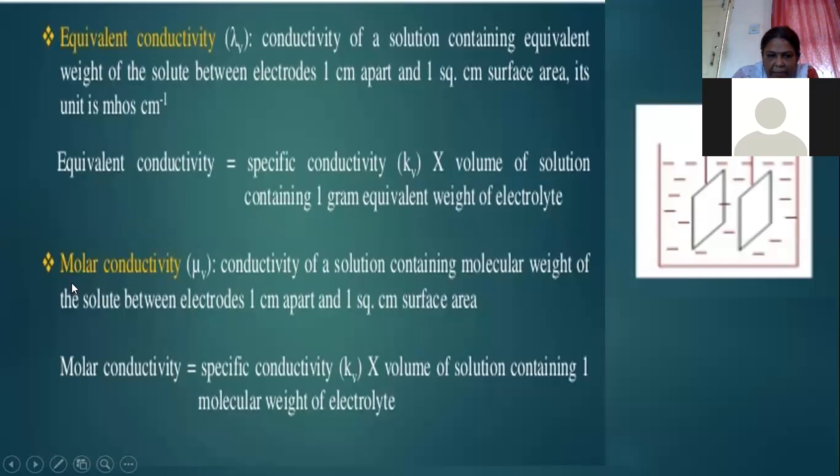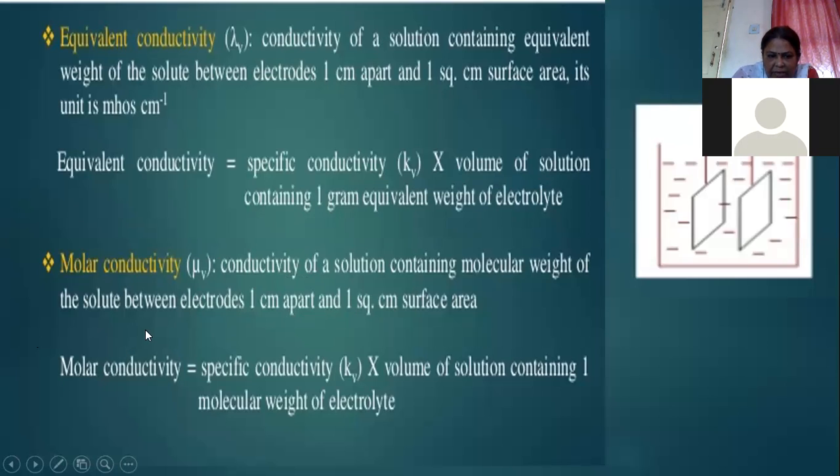And similarly, the molar conductivity, denoted by mu, is the conductivity of a solution containing the molecular weight of the solute between electrodes kept 1 centimeter apart and 1 square centimeter surface area.